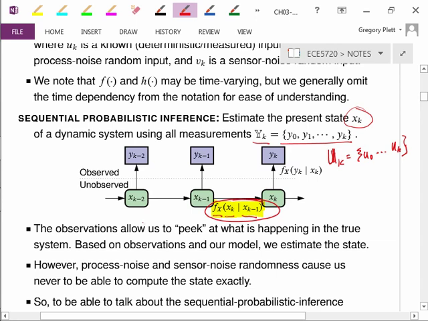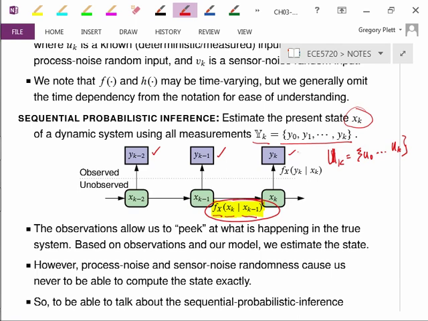But even if I know for certain, and what we're drawing in these blocks, see the xk minus 2, xk minus 1, xk, those are the actual true states, unobserved but true. Even with the true states, what we do observe is the voltage measurement at time k minus 2 and k minus 1 and time k. That is also not a deterministic function of the exact state. That also has randomness in it because of the vk noise, the sensor noise in our system.